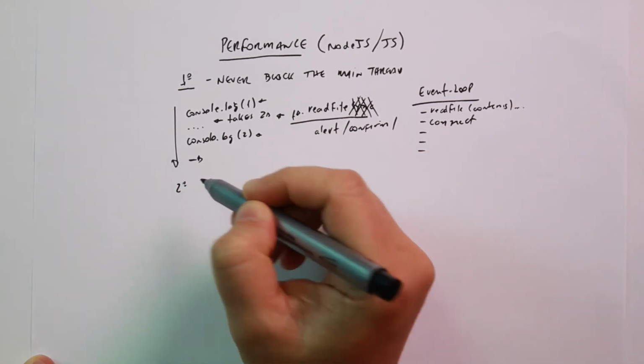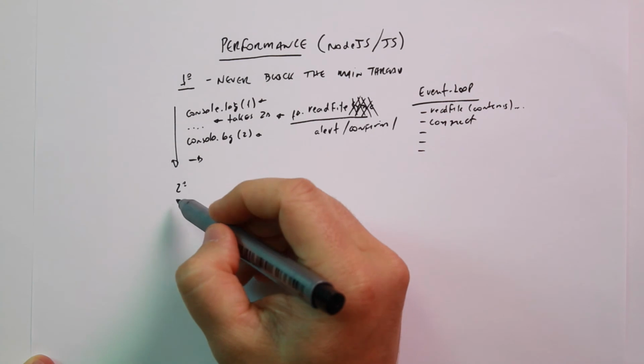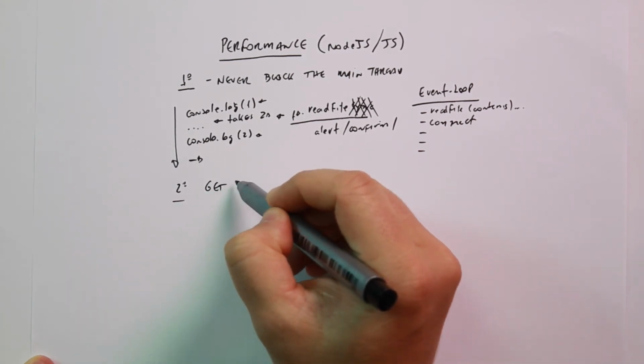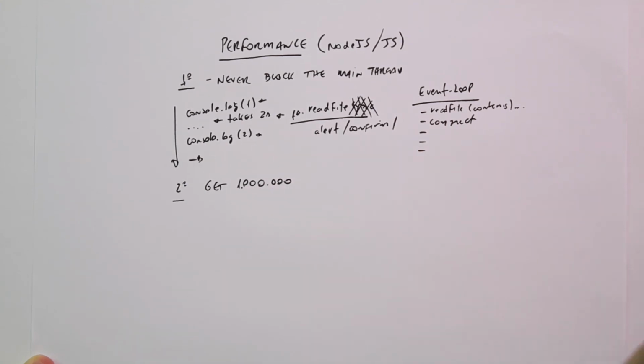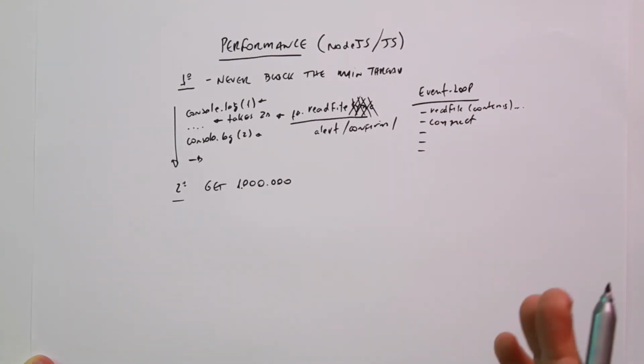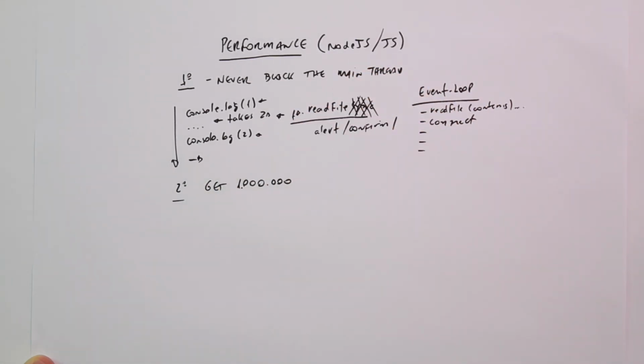And the second one: everything that takes some time, we need to try another approach. For example, if I need to get 1 million records from the database, and it will take a lot of time, we are not going to do this here, so we need another structure. Every time I'm trying to use something heavier, we need to think twice or plan this better.